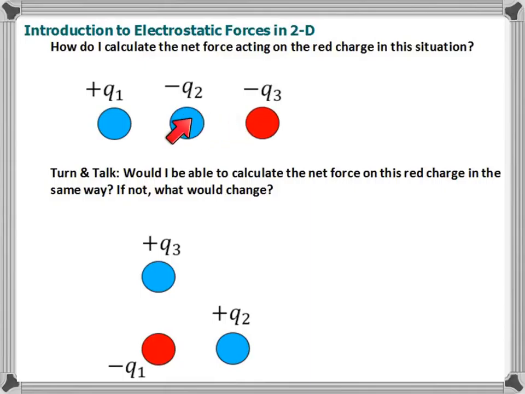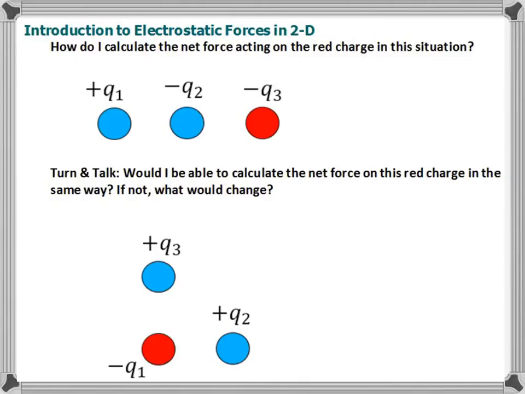So the force of this charge acting on Q3. You figure out what that force is, and then you look at this pair of charges and figure out what the force of Q1 acting on Q3 is, and then you find either the sum or the difference of those. So you just need to do some addition or subtraction.